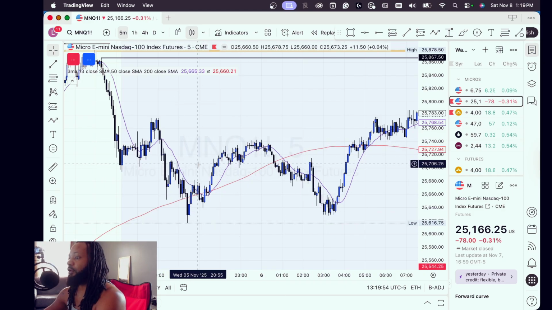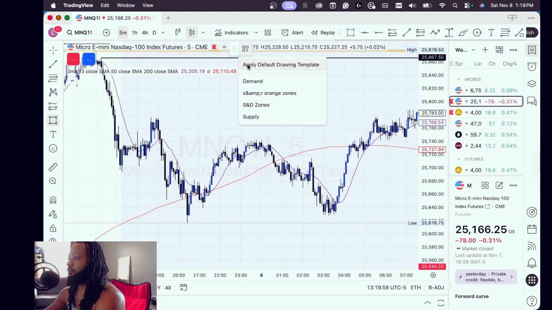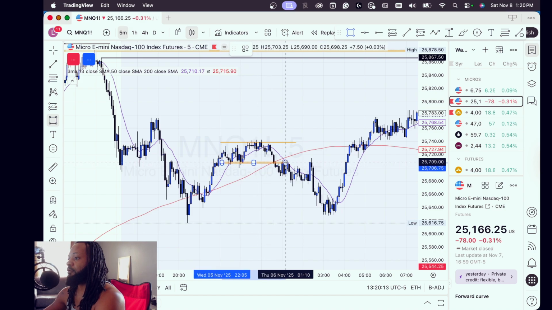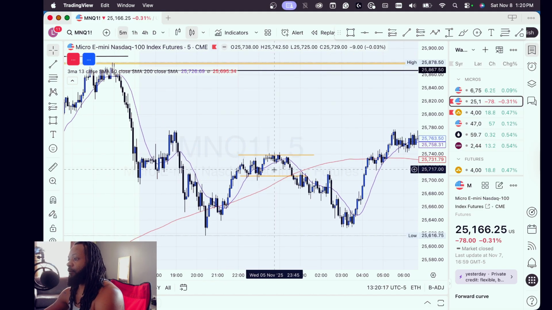Right here and right here is a perfect consolidation you've got to look out for. This is the consolidation right here. You consider this a sideways market.